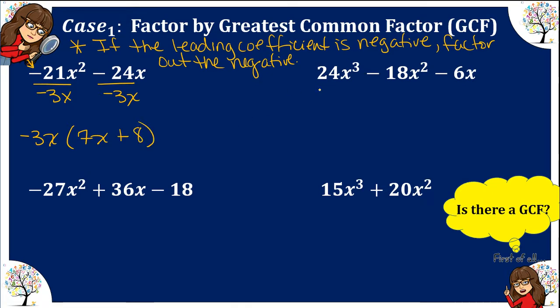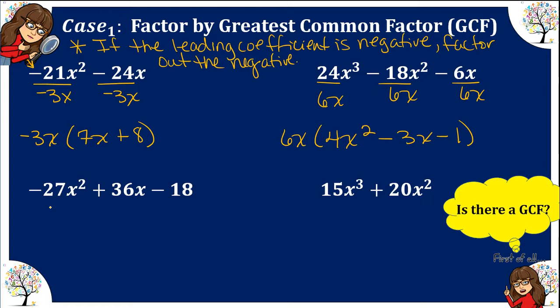In our next example, I notice that each of these terms has a common factor of 6x. 6x can divide into each of our terms. 6x is the greatest common factor. We're left with 4x squared minus 3x minus 1.